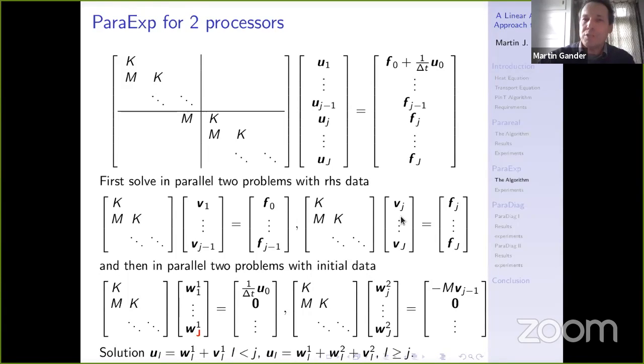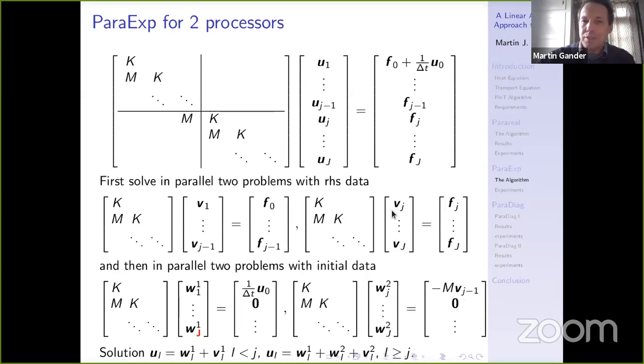So the only information missing is the initial condition, which is produced by the first solve for the second solve. So now we solve two W problems. One W problem with the initial condition and one W problem from the middle on, which takes the value which was just calculated before with the right-hand side.